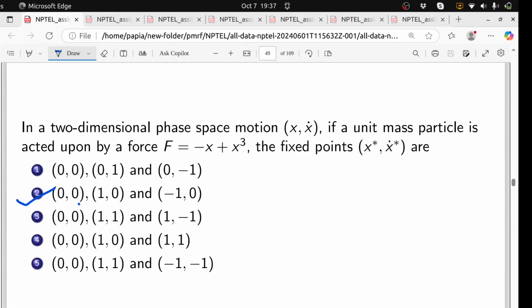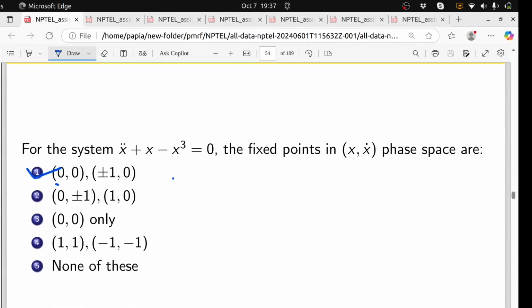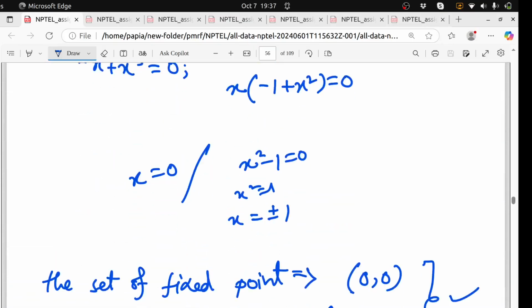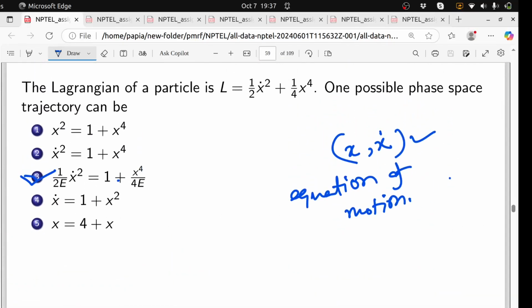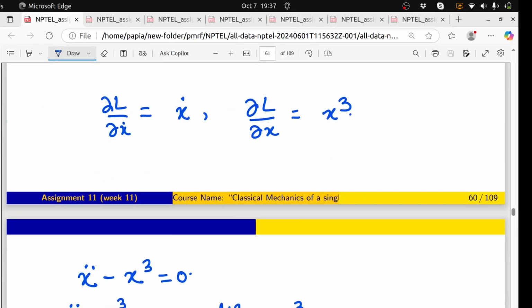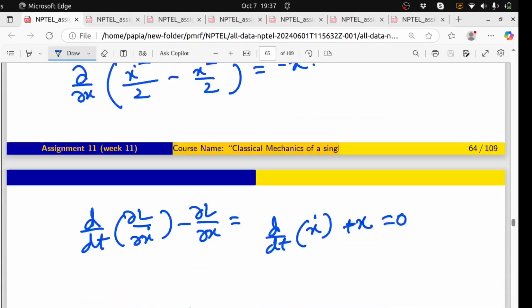It has the fixed points as (0,0), (1,0) and (minus 1,0). This has like (0,0) and (plus minus 1,0). It is like x dot squared by 2E equals 1 plus x to the power 4 by 4E. It is an ellipse.